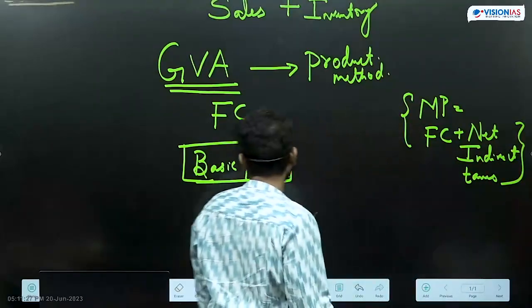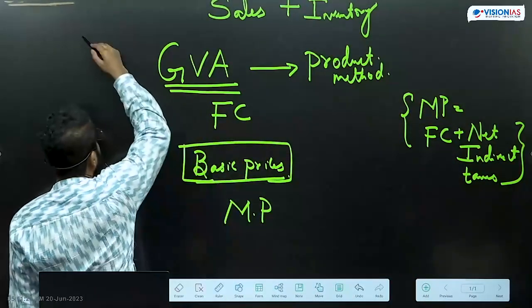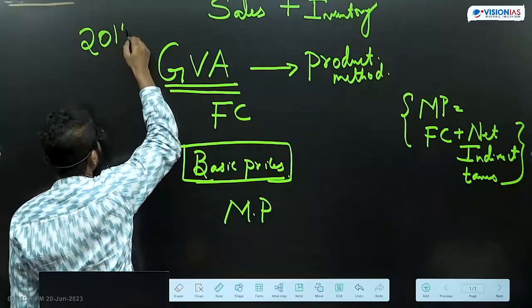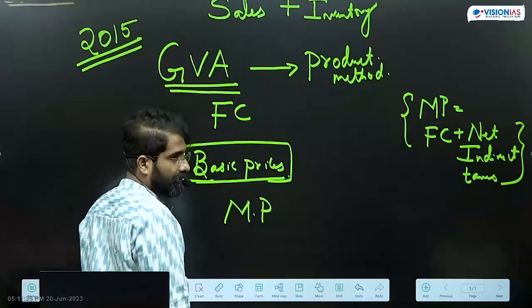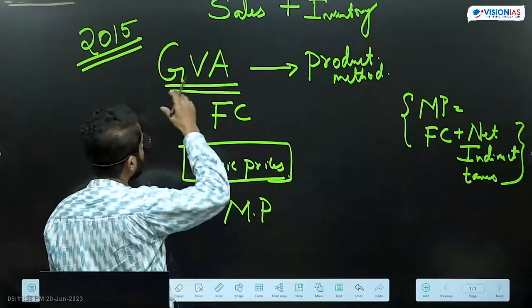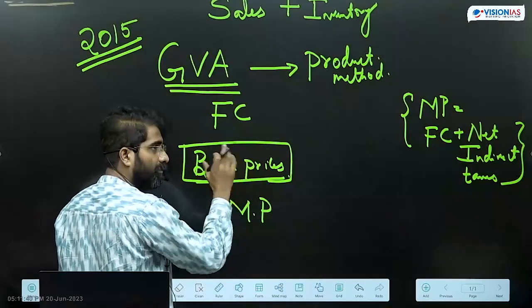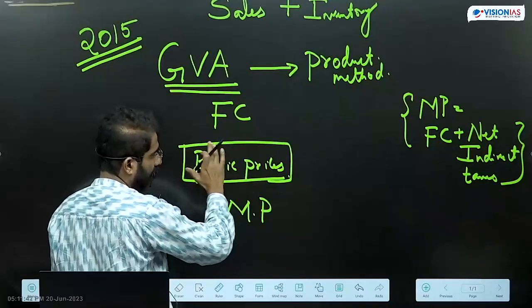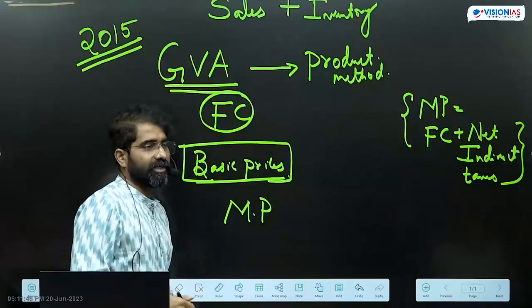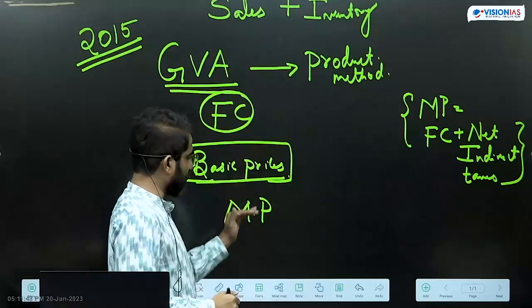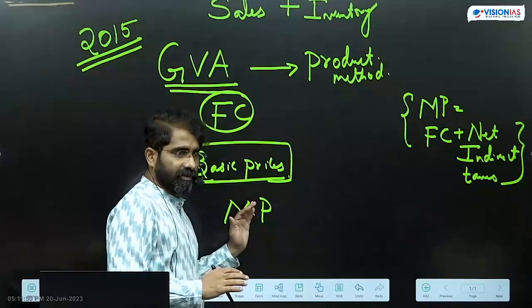So in 2015, when they came up with the new calculation, one important aspect is that they are calculating the output at basic prices instead of factor cost. Directly they will come to basic price, and from basic price they are going to come to market prices.